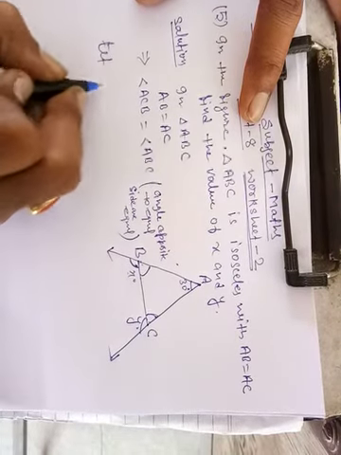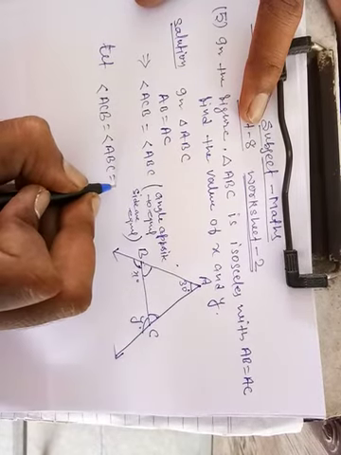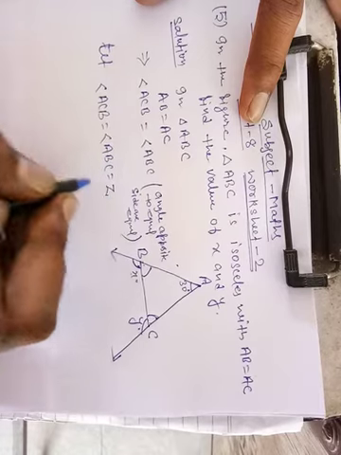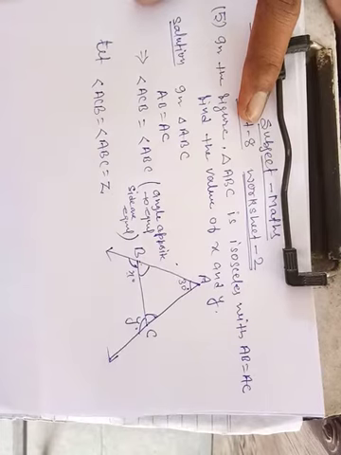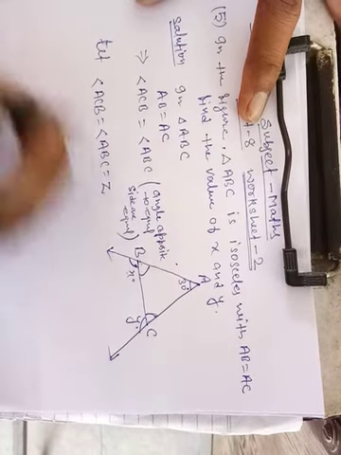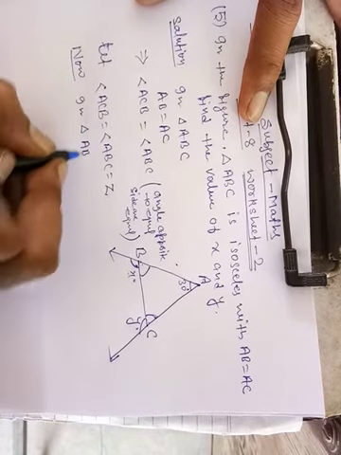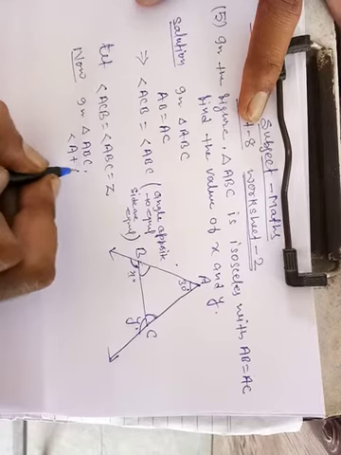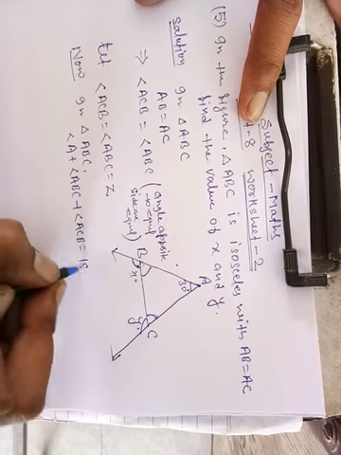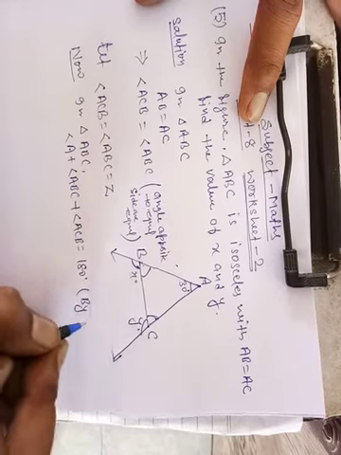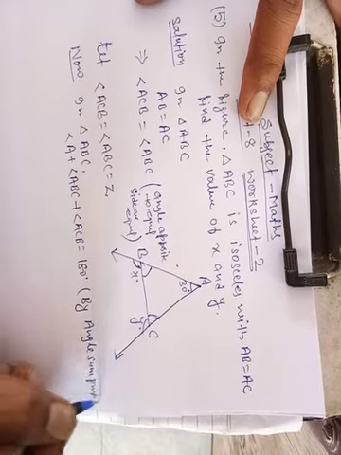Let angle ACB is equal to angle ABC is equal to Z. I have assumed angle ACB and angle ABC are equal to Z. Is it clear? Now in triangle ABC, angle A plus angle ABC plus angle ACB is equal to 180 degree, by angle sum property.